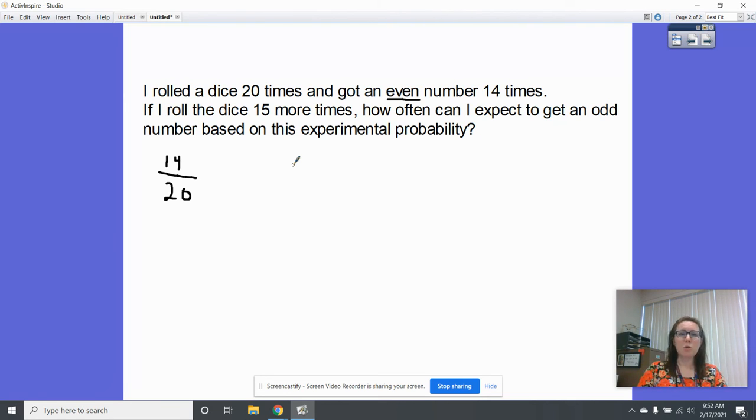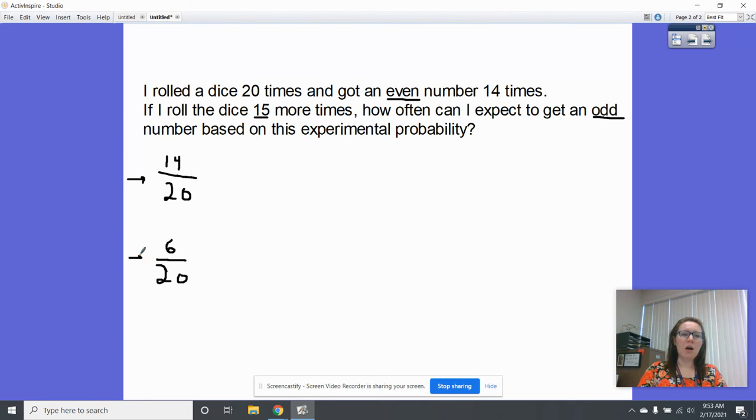So this experiment shows us that, well, no, we haven't actually gotten exactly 50-50 like we thought it would be. But based on what we've gotten, if I roll 15 more times, it now asks, how many times do I expect it will be odd? Well, this is my even probability, which means if 14 times it was an even number, then I just do 20 minus 14, which means 6 times it was an odd number.